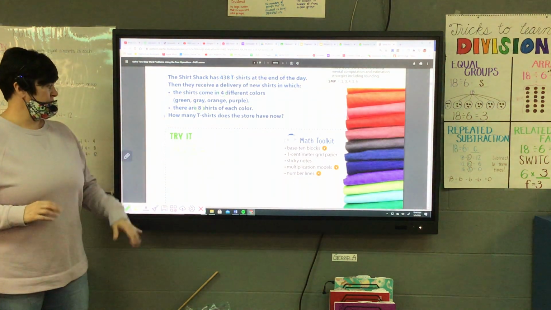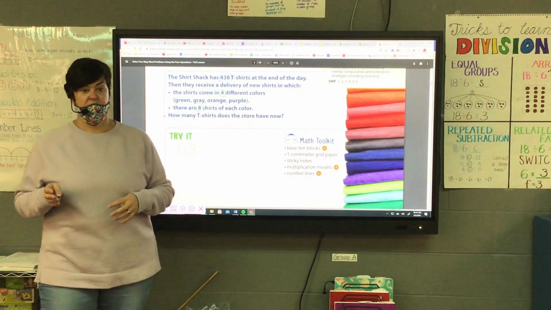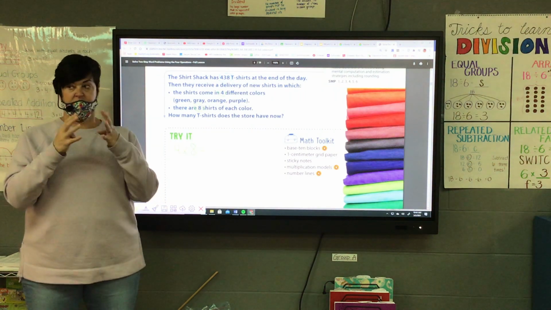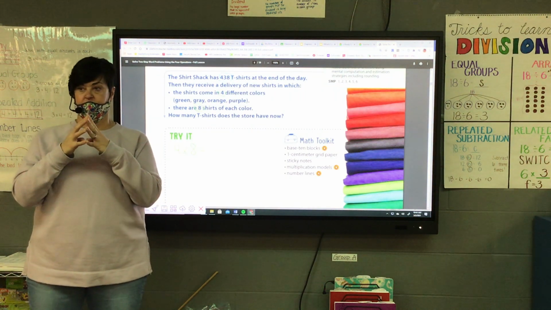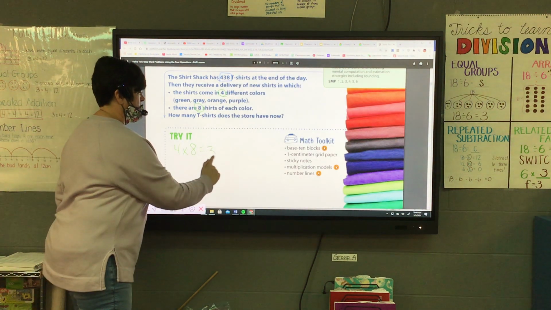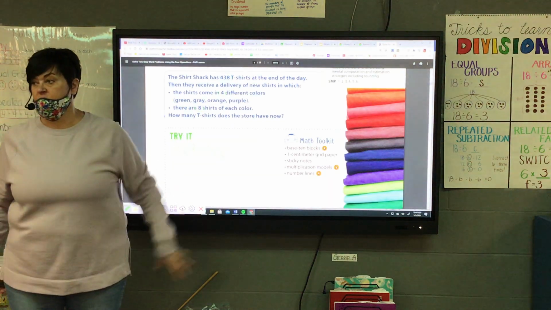Split that in half. What's 4 times 4? 16. So now if you have 16 and 16, how many shirts are there? 32. Okay, so there's 32 shirts that were delivered.